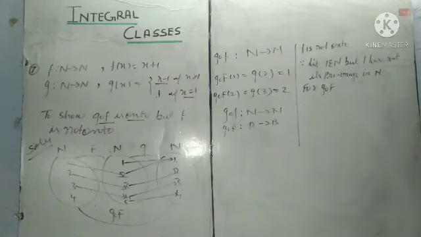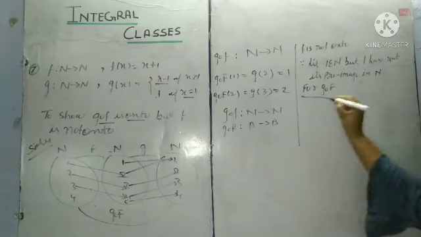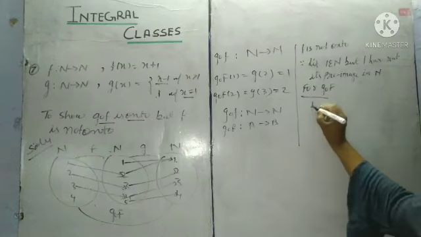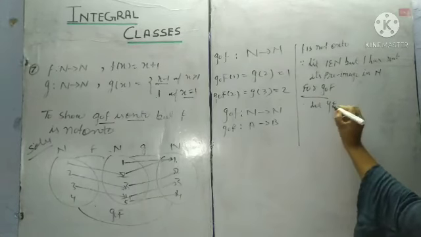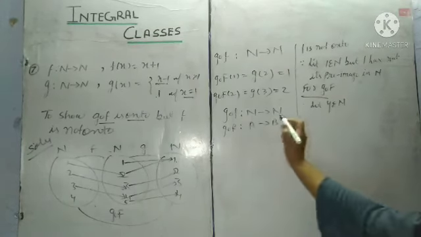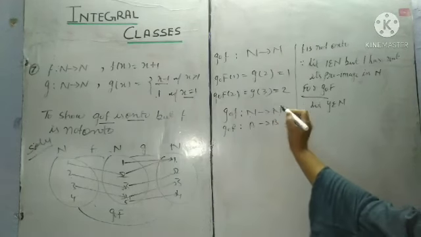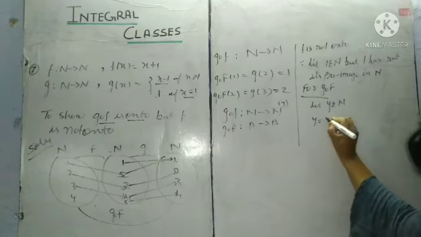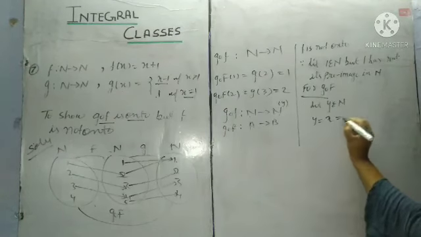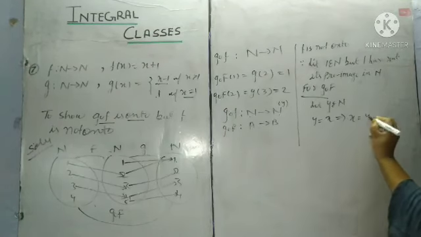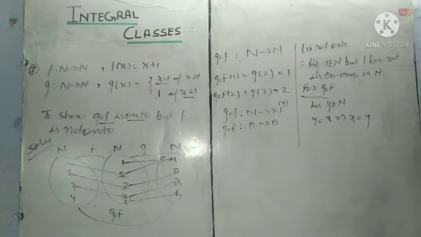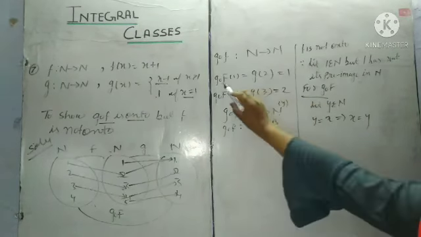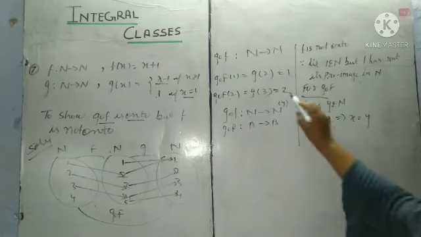Now for g o f, student, we will prove here that g o f is onto. Let y be an element of N, because g o f is defined N to N. Okay, now y equal to x, therefore we will say x equal to y. g of 1 is equal to 1, g of 2 is equal to 2.